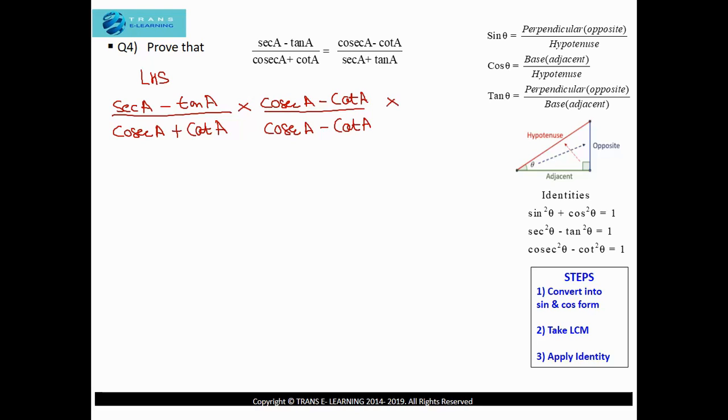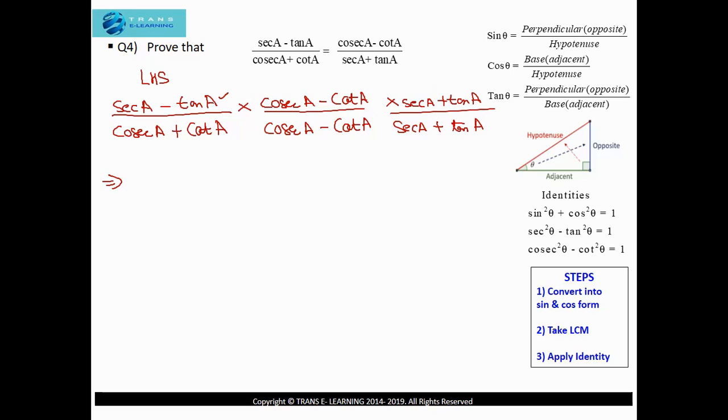In addition to this, I will be taking the conjugate of the numerator also. So here I will be multiplying the numerator as well as the denominator with the conjugate of the numerator, which is secant A plus tan A into secant A plus tan A in the denominator.